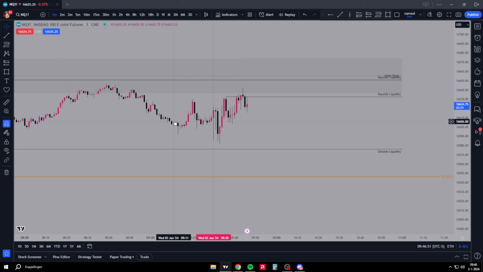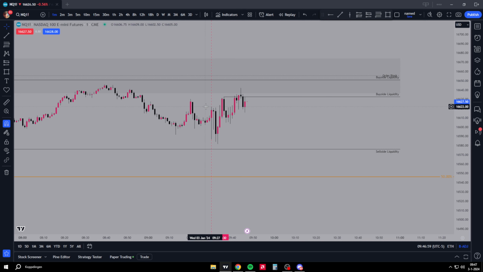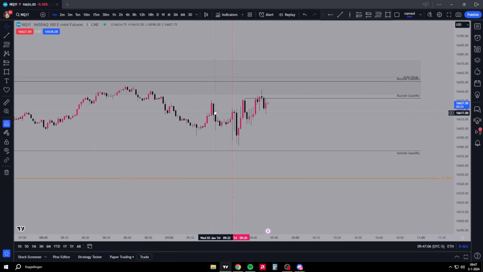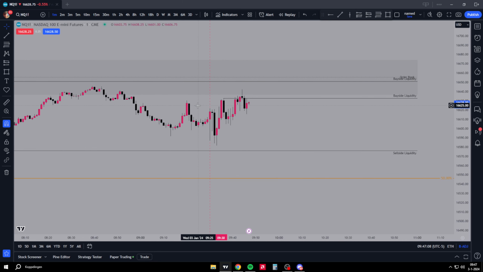If I look at price action from this compared to ES, we have like 10 SMTs in here. That's too much, but let's count them. We have one here.